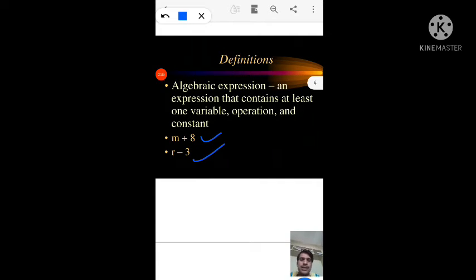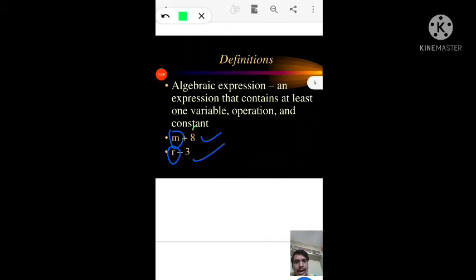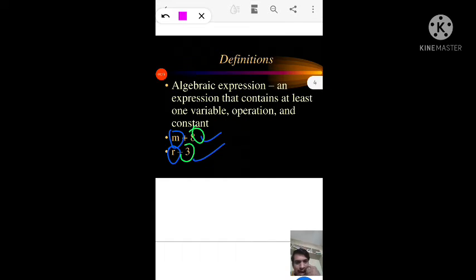In these two examples, we have English alphabets m and r, and here we are having 8 and 3. In between m, 8, r, 3, we are having plus sign, minus sign.